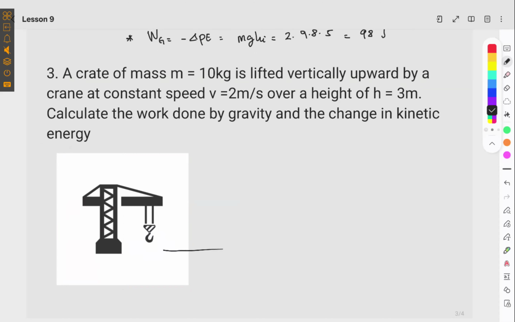Let's say this is the initial ground. Let's suppose you have a crate of mass 10 kilograms. It lifts it vertically upward at a constant speed, yeah. It lifts it at a constant speed.